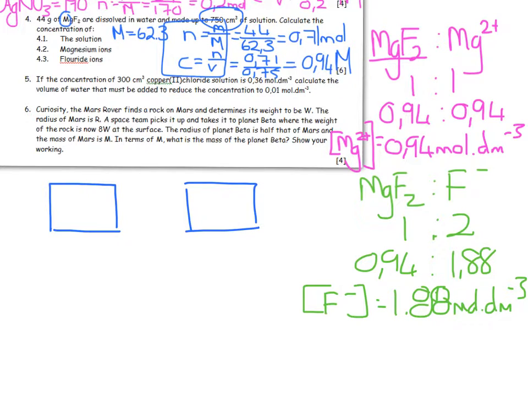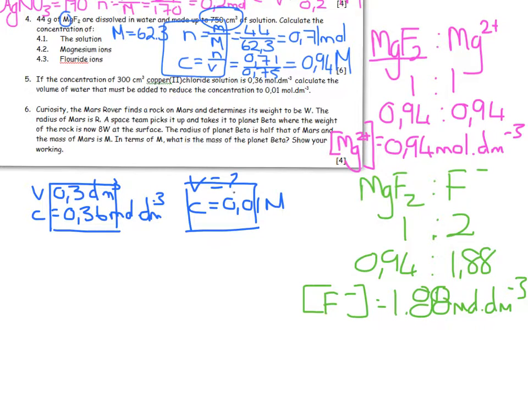And the first one is I have got 300 centimeters cubed, so I'm going to say volume is 0,3 decimeters cubed of a concentration of 0,36, and I need to change that concentration into 0,01, and I am interested in my volume, and my number of moles is what I'm going to look for because I've got enough information to be able to do that, and the number of moles will go across to the new container. So let's see what we've got in the original container.